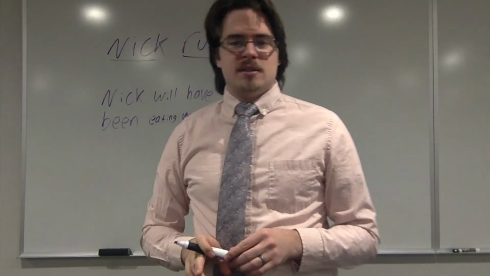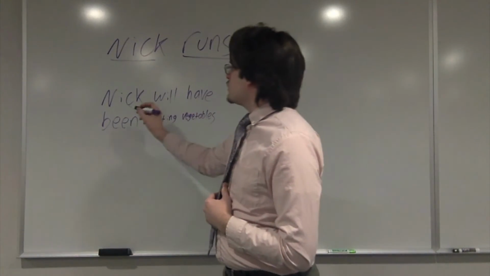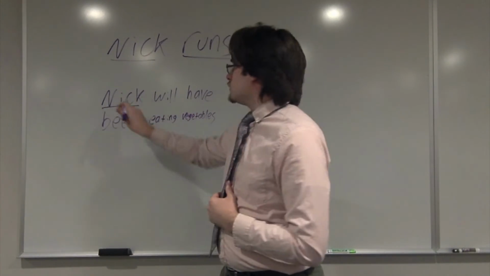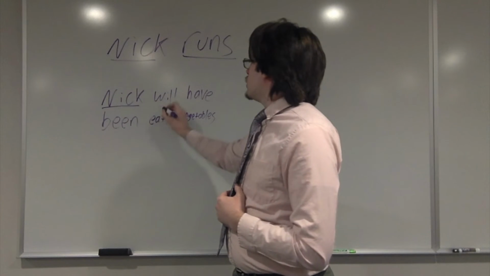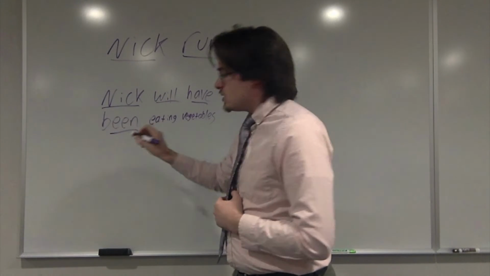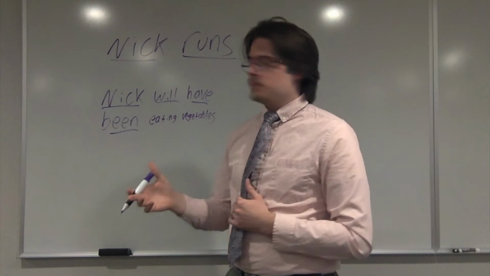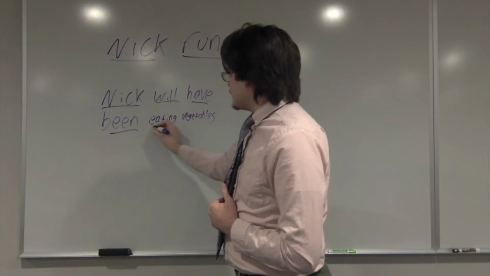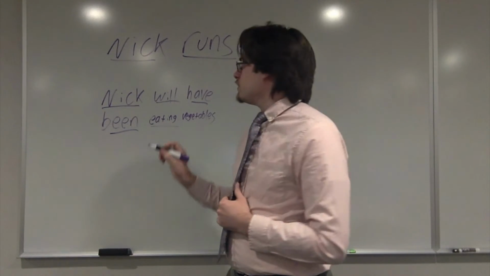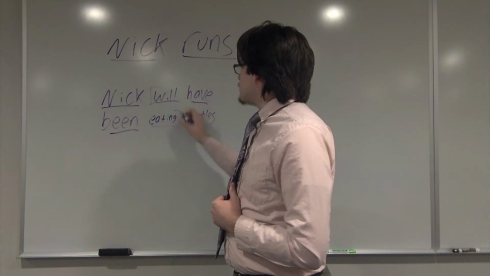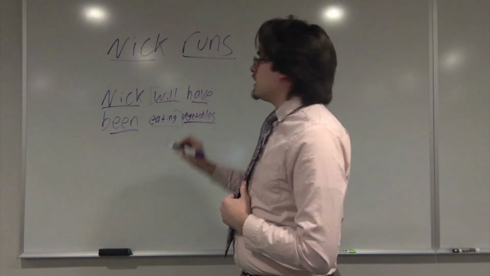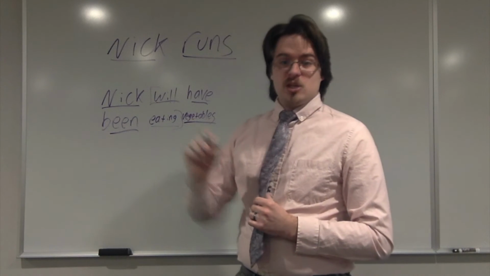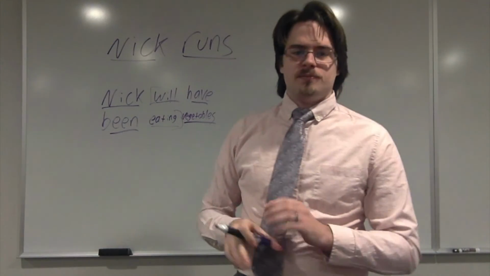The second sentence, however, starts with a noun, Nick, which is the subject, will have been are 3 helping verbs. Eating is the main verb, which means this all here is the predicate, and then another noun, vegetables, which is the object.